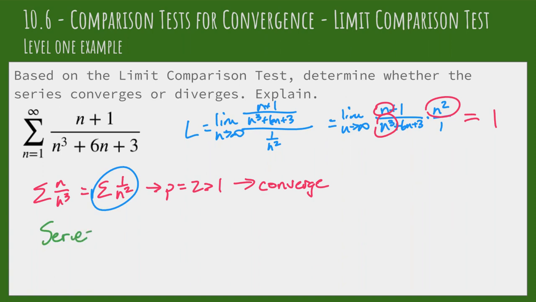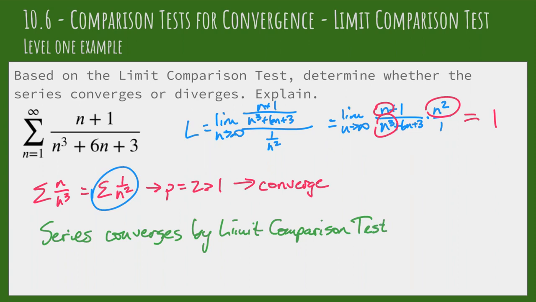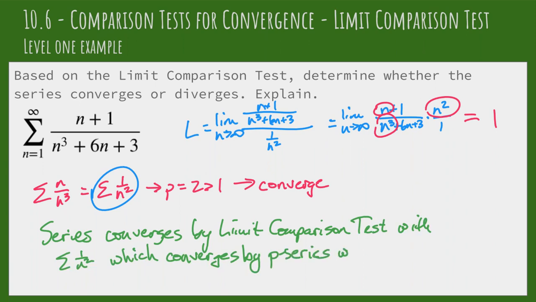So this series converges by the limit comparison test, pardon my sloppy writing, with 1 over n squared, which converges by the p-series test with p equal to 2, which is greater than 1.